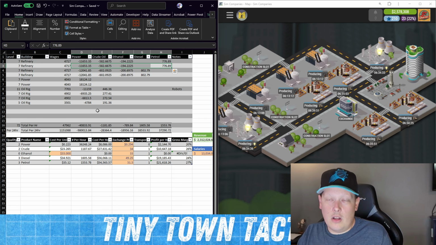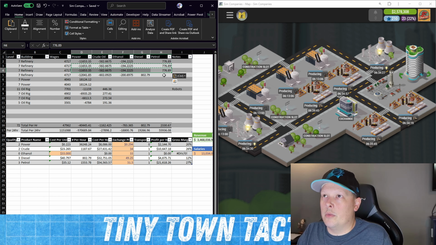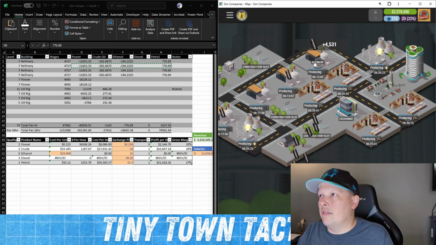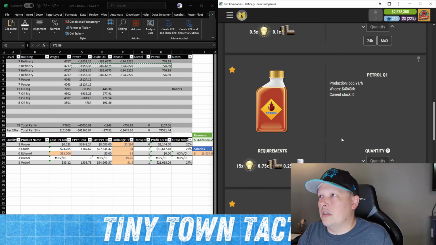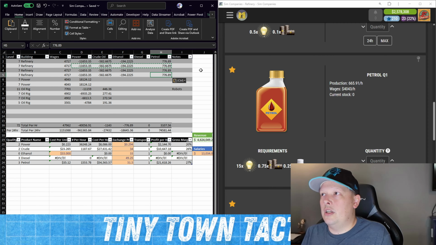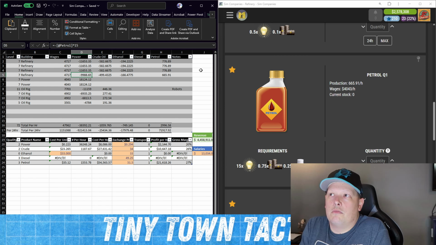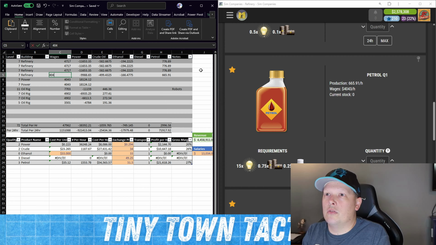Okay, so I did all these calculations, and I found out, actually, I want to make everything petrol. So here we go, making everything petrol. And then actually, I found out this is actually only a level 6, so he only makes 665.91, and everything just changed, and it's okay. 4043, and stuff just changed.